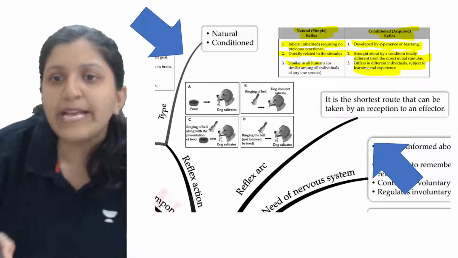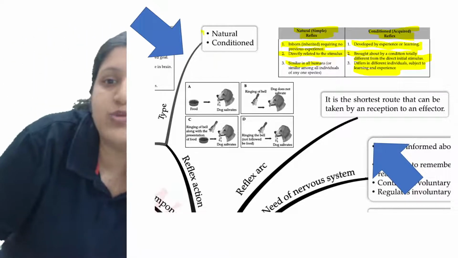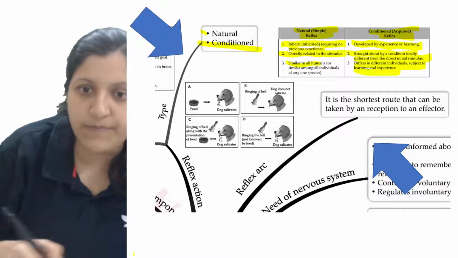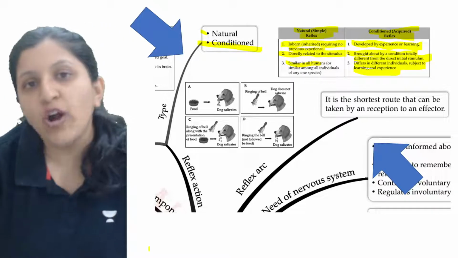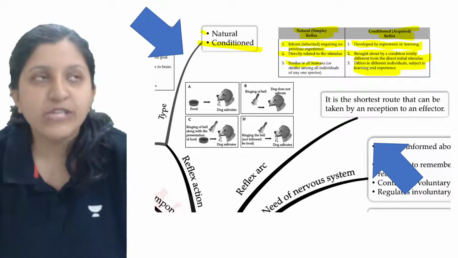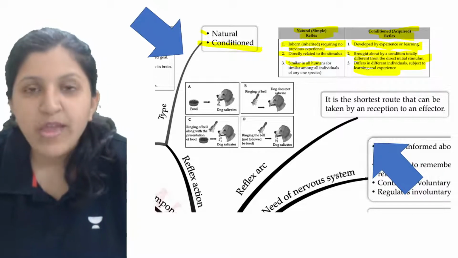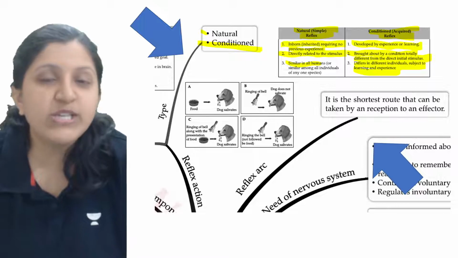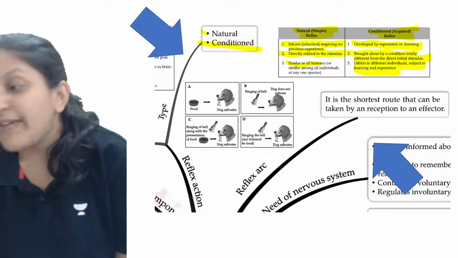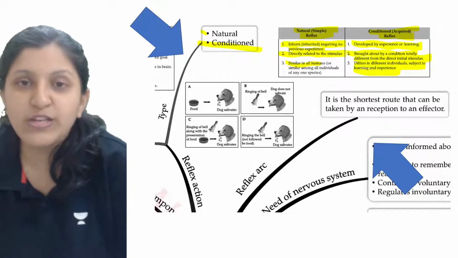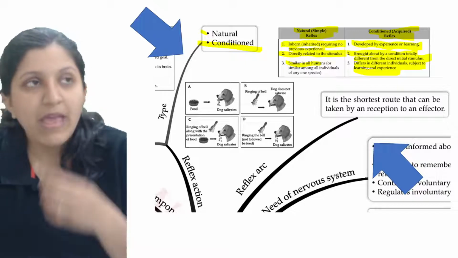One experiment is given with respect to the conditioned reflex. Earlier, the dog was there and the school bell was ringing, and the dog was not aware that whenever the school bell rings, it would get food.